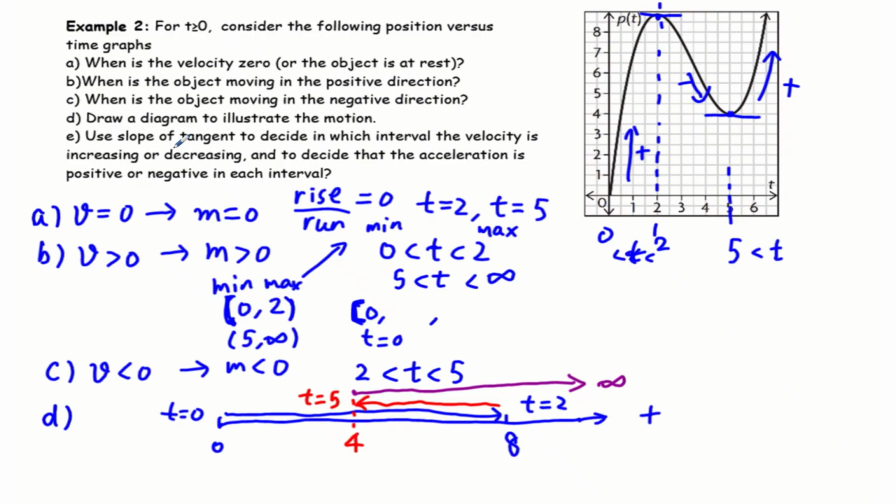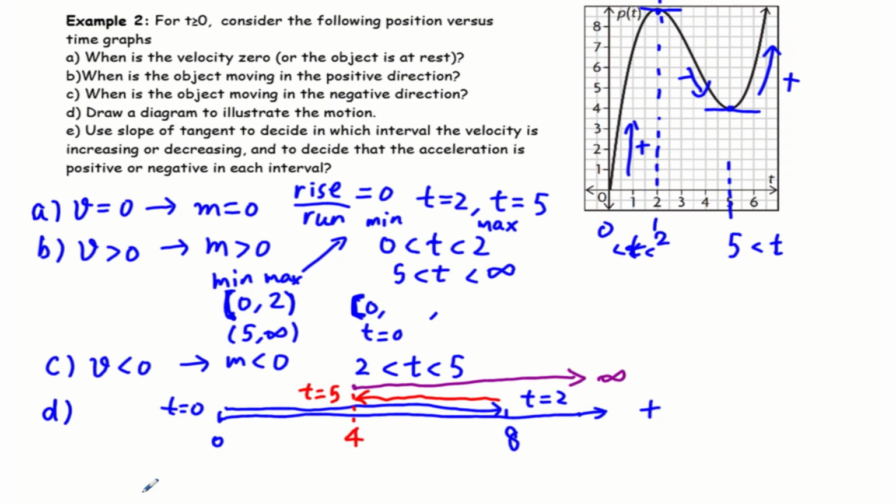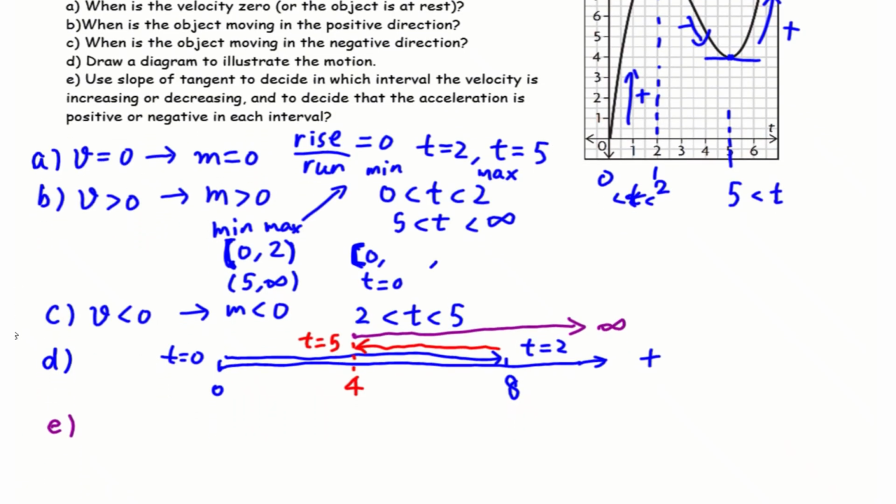Question E. Use the slope of the tangent to decide in which interval the velocity is increasing. For this part, we are going to draw the velocity graph.